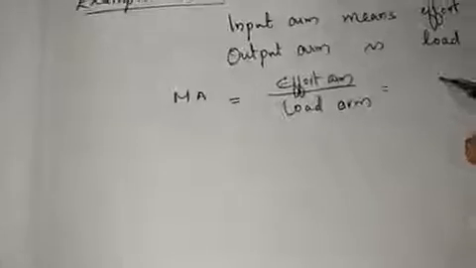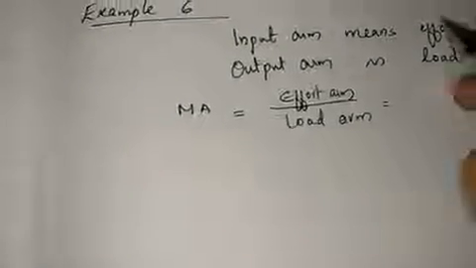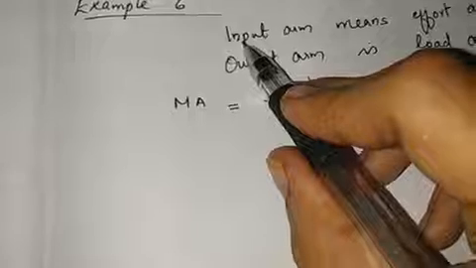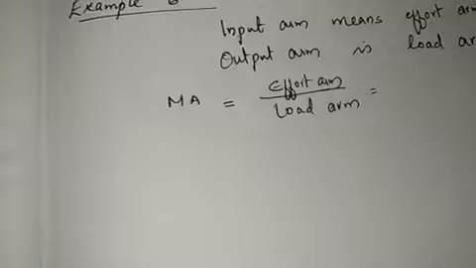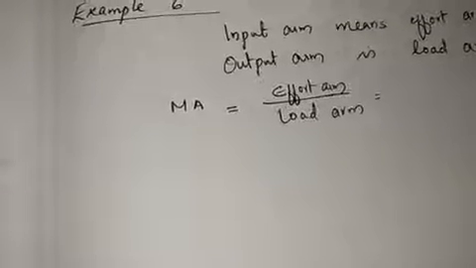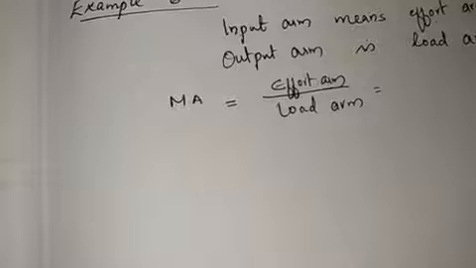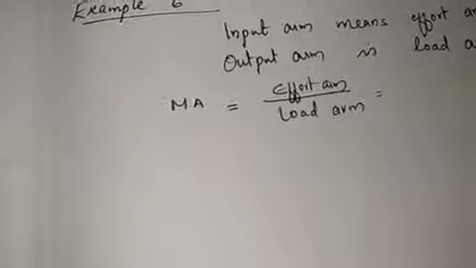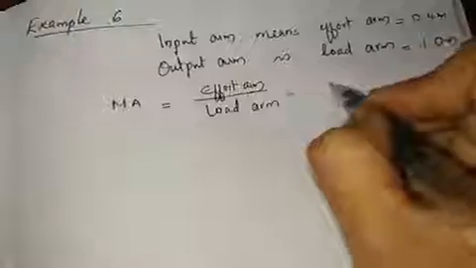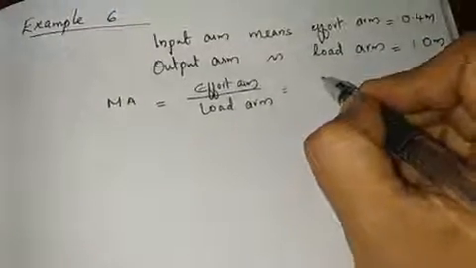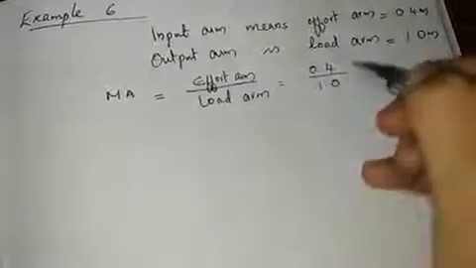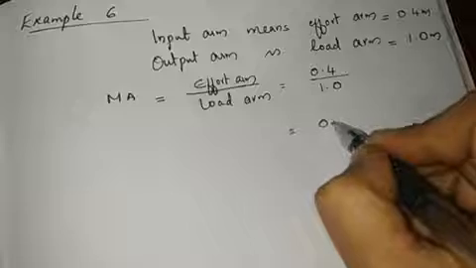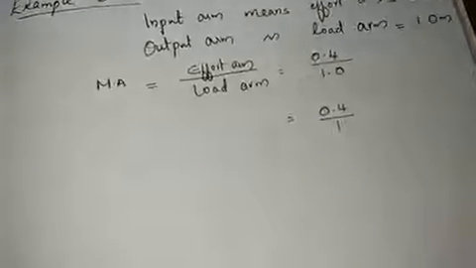What is effort arm in this question? Effort arm means input arm. What is the input arm given in this question? That is 0.4 meter and load arm given 1.0 meter. So MA is equal to 0.4 by 1.0. 1.0 means 1 itself.